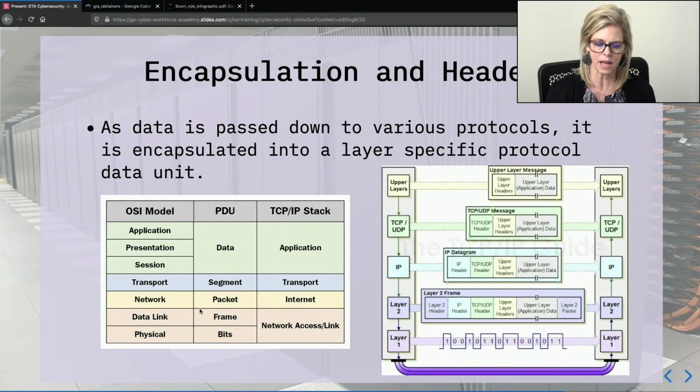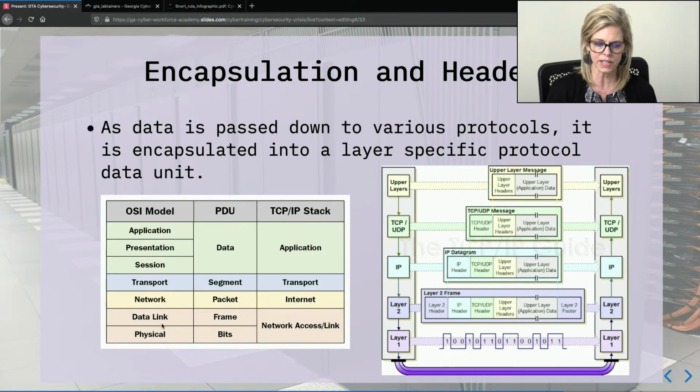While this is academic, it's very important from an analyst perspective and for general network understanding that you know these protocol data units, because they allow you to isolate specific functionality to a specific layer and then think about what you should see at that layer and what information is represented there. That's what we have depicted in these 2 pictures.